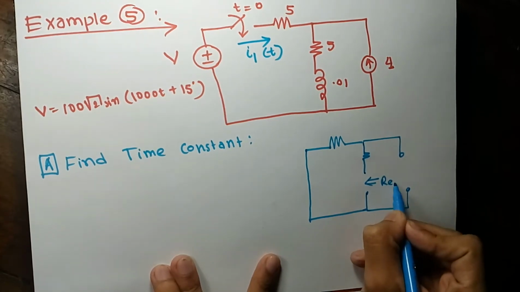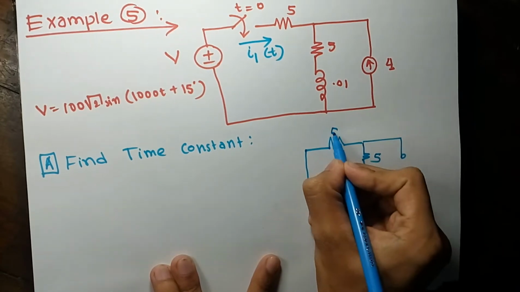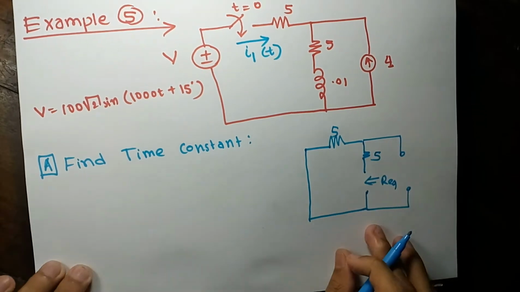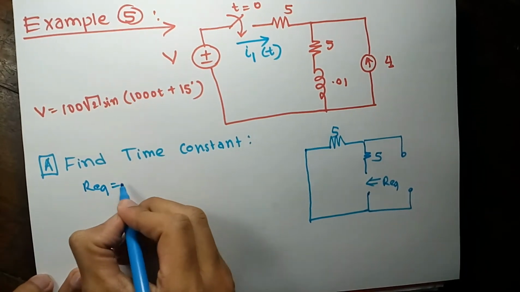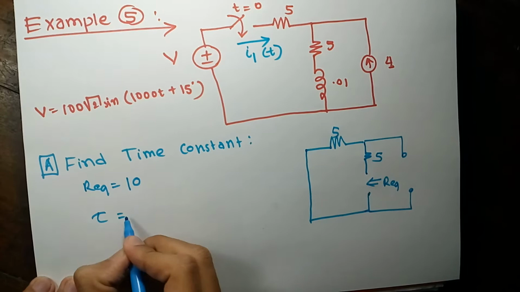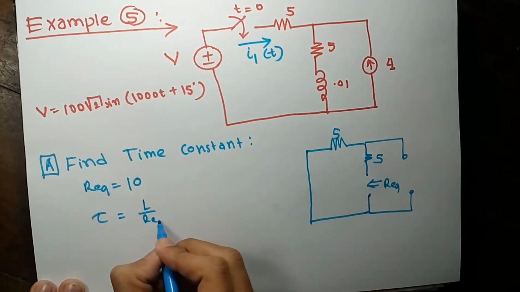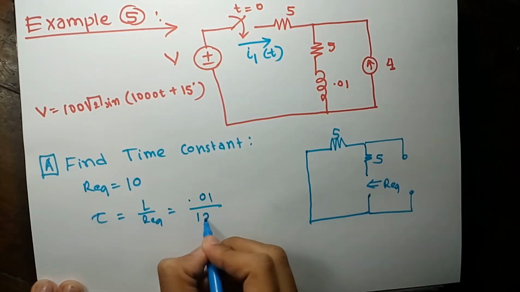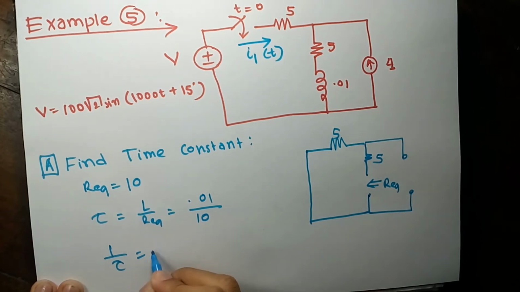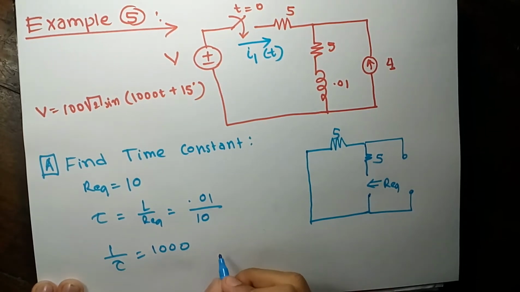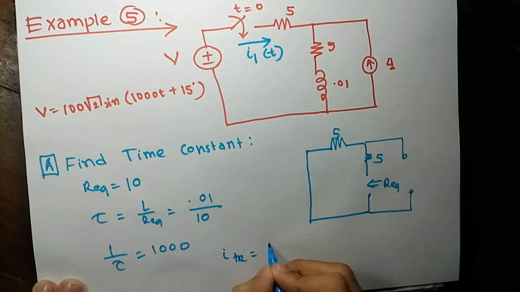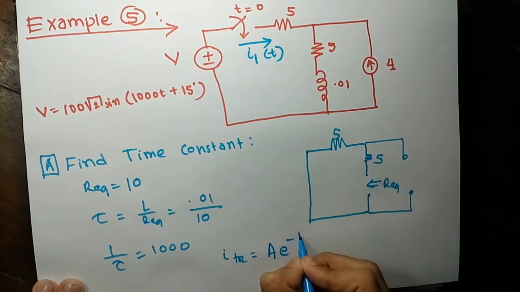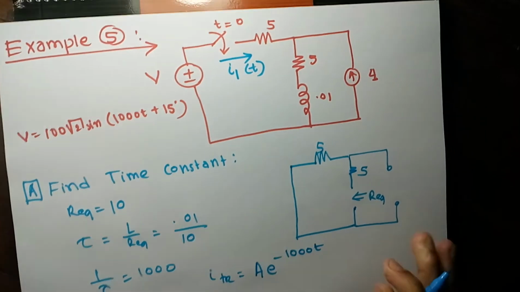So the equivalent resistance will be 5 plus 5, these two are in series, so R equivalent will be 10, and that gives you the time constant L over R equivalent, 0.01 over 10, and that gives you 1 over tau equals 1000. So the transient portion of the current will be some constant A e to the power negative 1000 t.